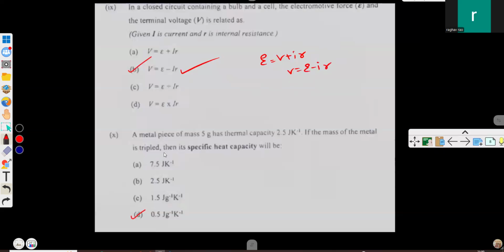Then a metal piece of mass 5 grams has a thermal capacity of 2.5. Thermal capacity is nothing but mass into specific heat, equals 2.5.